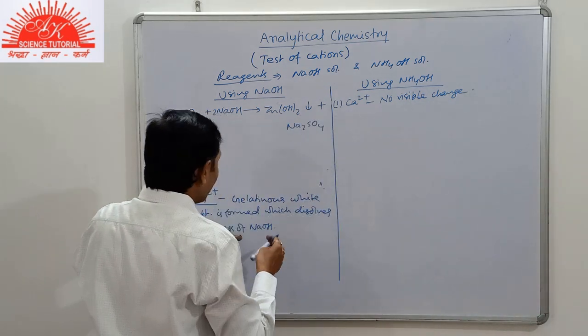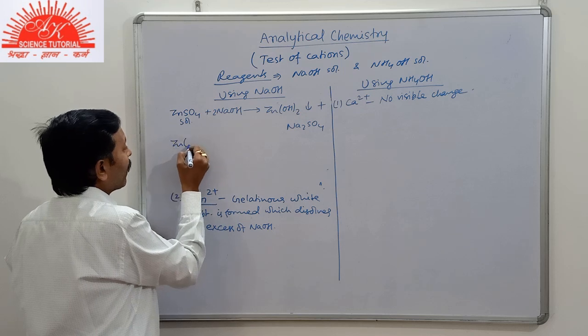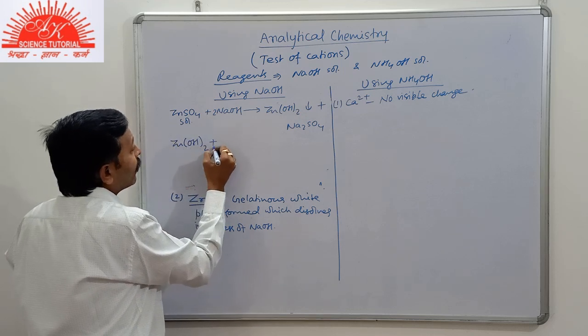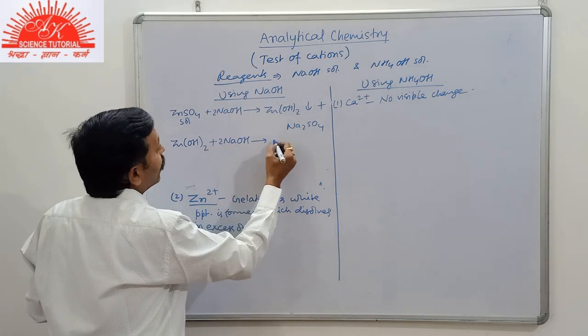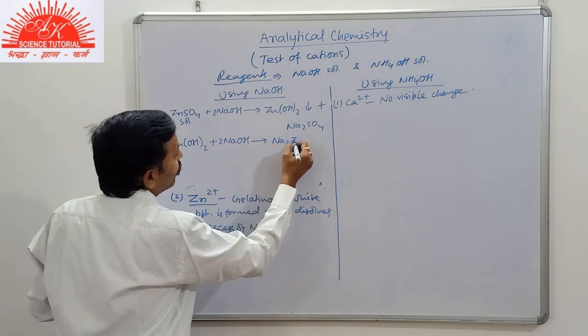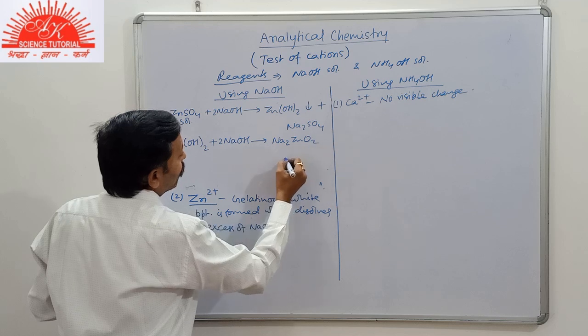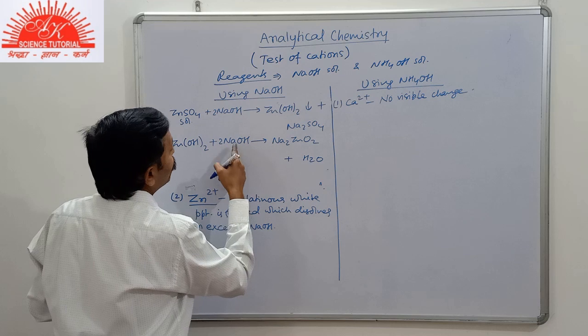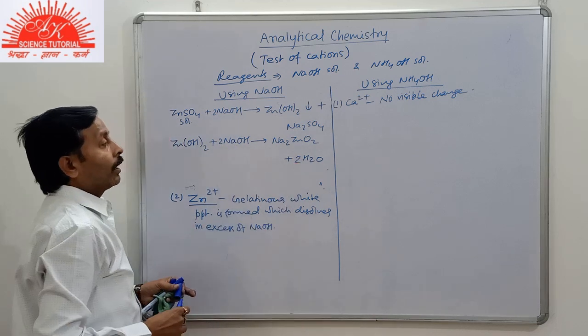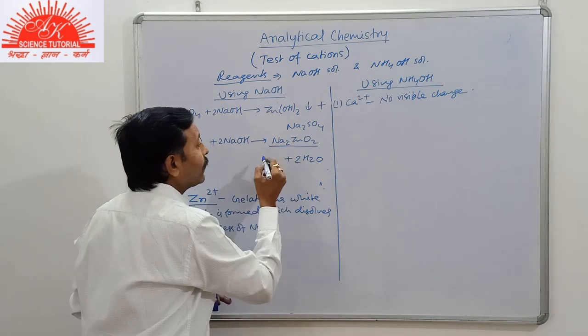So it again reacts with NaOH and forms a soluble salt, that is Na2ZnO2 plus H2O. That is sodium zincate.